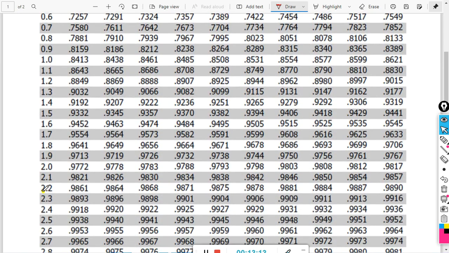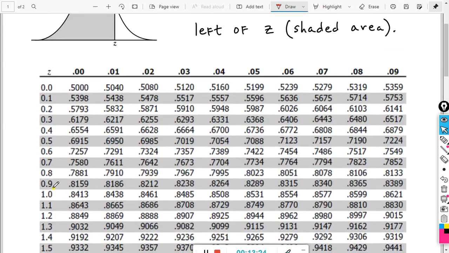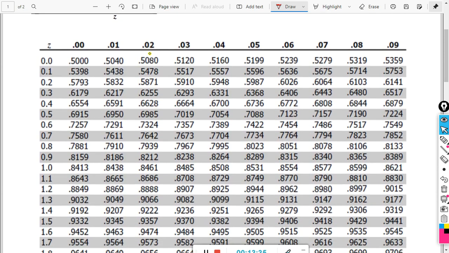And here is 2.2. All right, so we're going to go across to the right, and we want 2.22. This is 2.20. 2.21, 2.22. All right, this is the second decimal right here. So we're going to trace this column down.